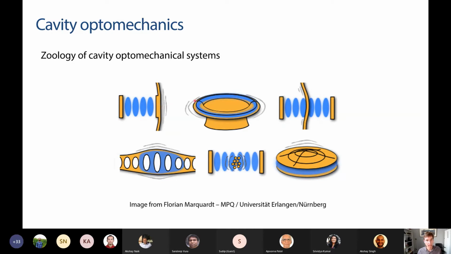Or you could create a microtoroid cavity where you have basically what's called a whispering gallery mode resonator, where light circulates around the outside of this disk, and vibrations of the disk modify the optical resonance or the optical path length experienced by those photons.